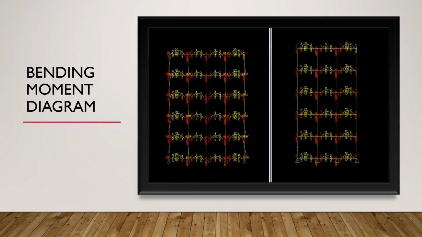And the last one is the bending moment diagram. Because our building is symmetric in every floor and both sides, these three diagrams look similar in every story, every room.